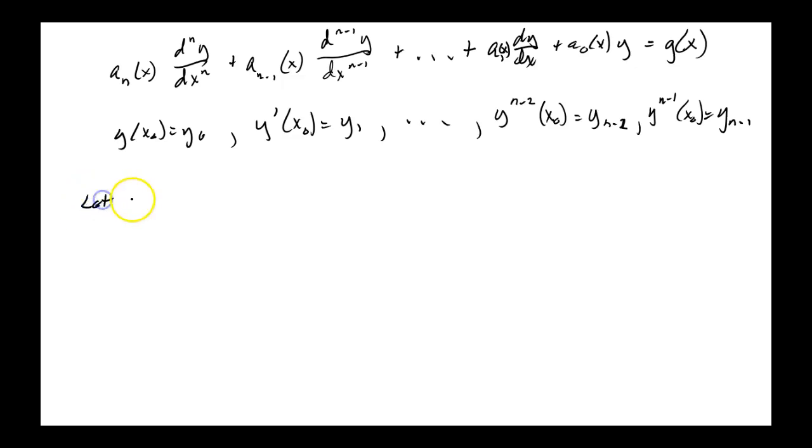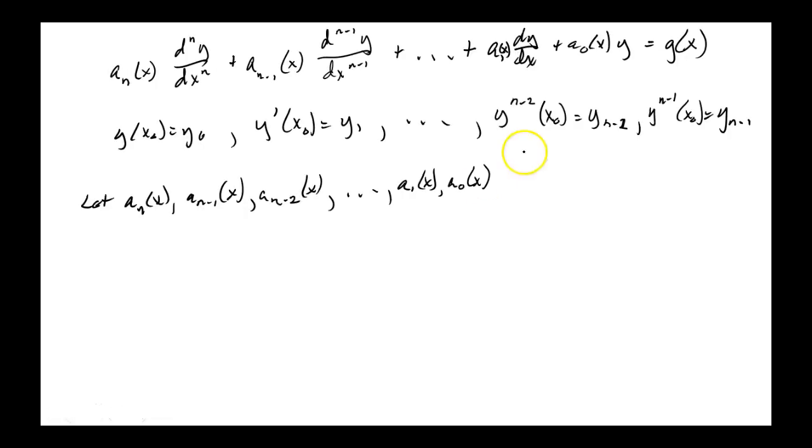Let a sub n of x, a sub n minus 1 of x, a sub n minus 2 of x, dot, dot, dot, all the way down to a sub 1 of x, a sub 0 of x. Okay? And your g of x.